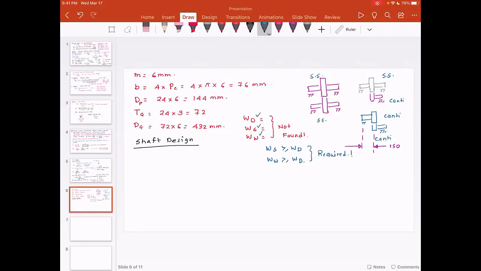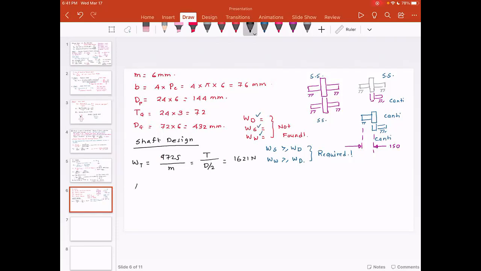Okay, let's look at the design of shaft. So first and foremost, since we have the values, tangential load, WT is 9725 divided by M. So this comes from the equation of torque divided by diameter by 2, which is 1621 newtons.